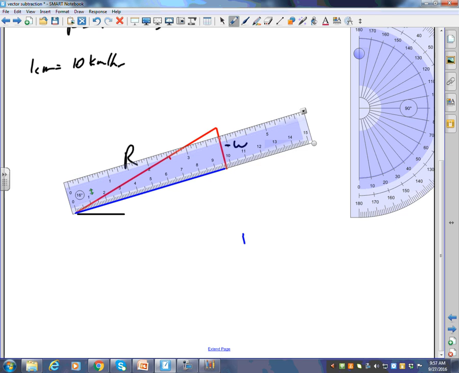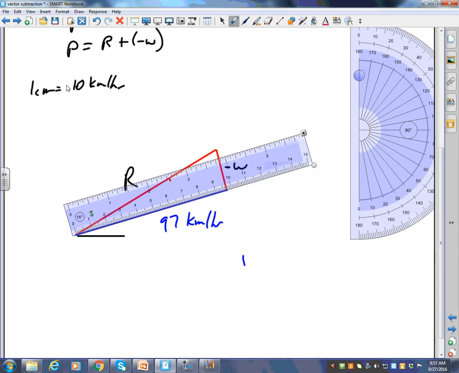Looks like 9.7, which would be 97 kilometers per hour, 9.7 times 10. And my angle is 16 according to the protractor. So that's going to be east 16 north.